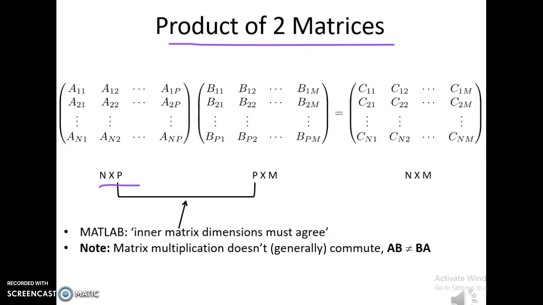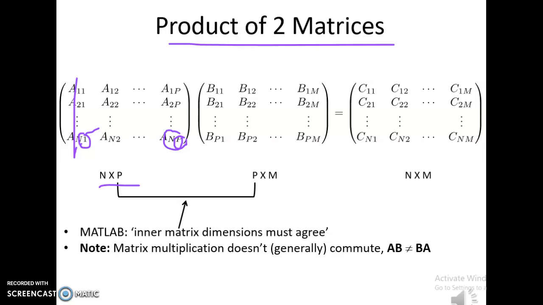An n cross p matrix has n rows, first row, second row, third row, up to the nth row, and first column, second column, up to the p-th column.